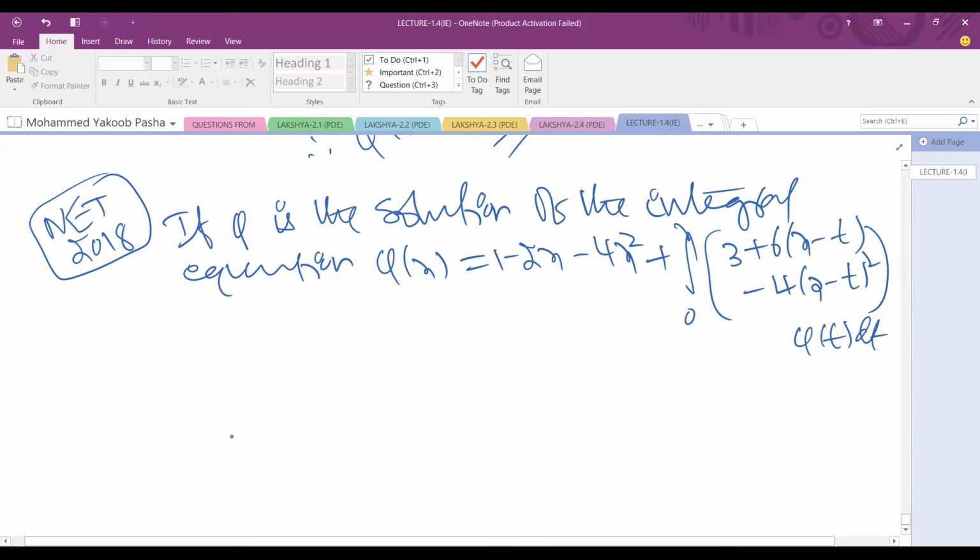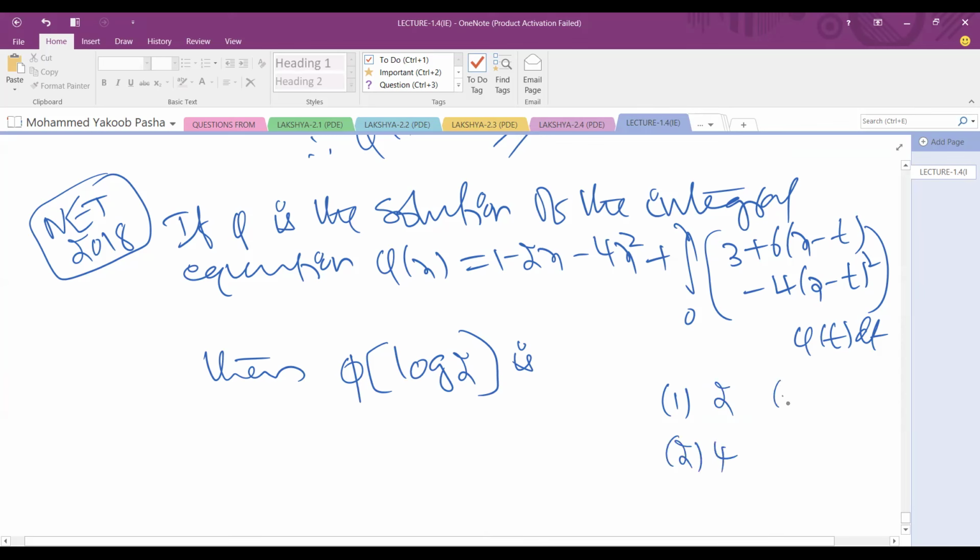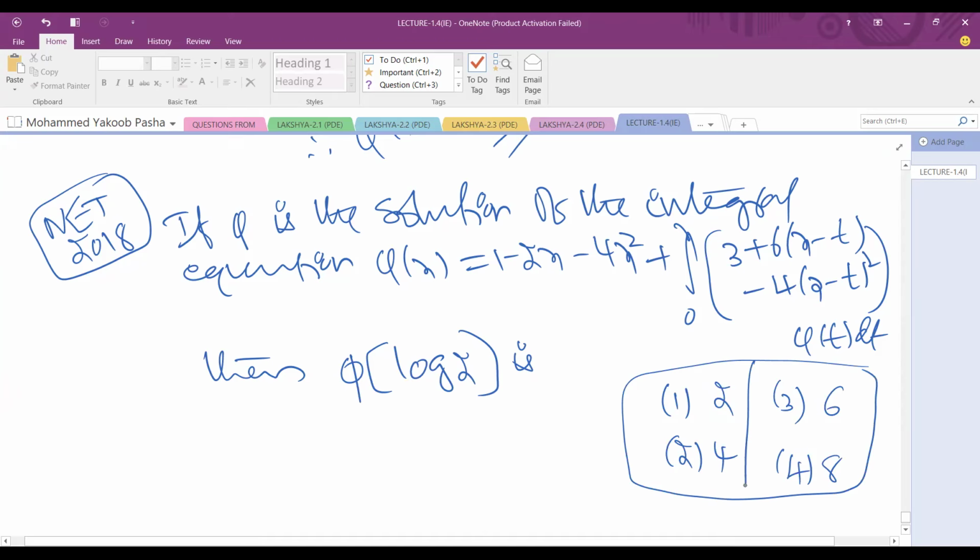Okay. Then pi of log 2 is, okay, we have options and first option 2, second option 4, third option 6, and the fourth option is H. Now, what is the option, right option? 2, sir. 2 is the right option.